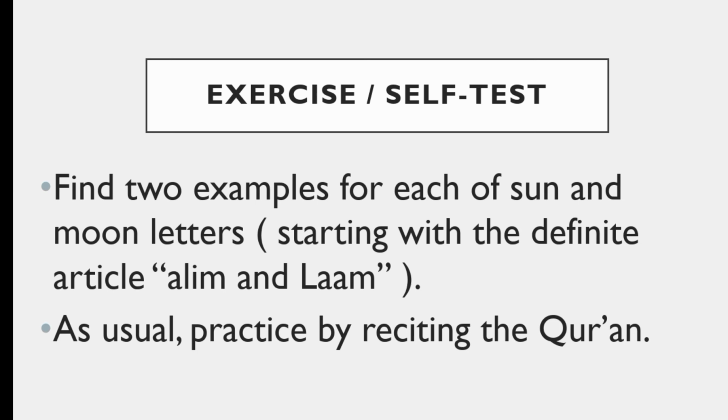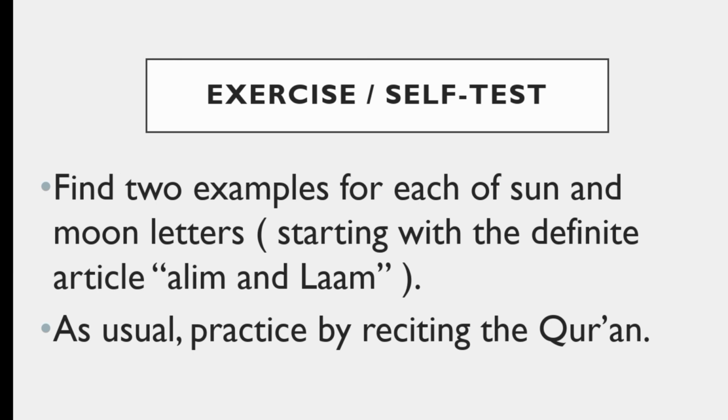So you would have 28 times 2, that's 56 words in total. And make sure you pronounce them, don't just find them. Pronounce them, maybe to someone that is above you in the aspect of Quran recitation, or probably a teacher.